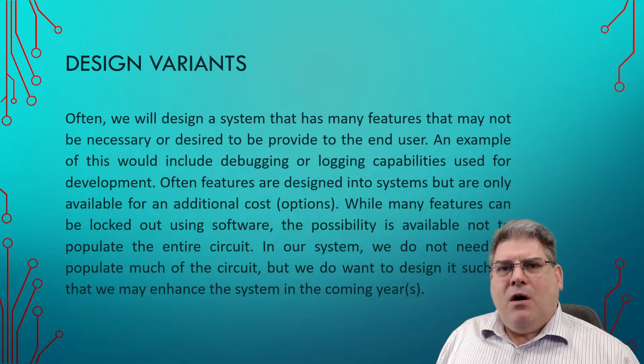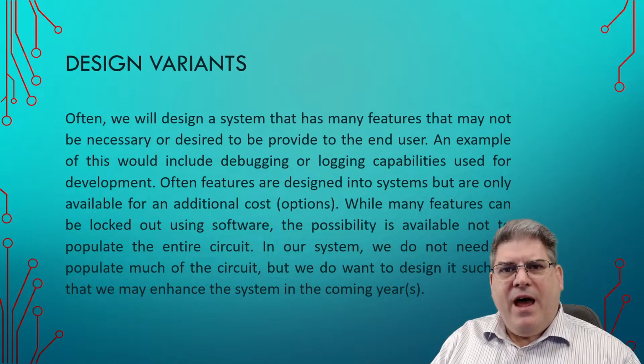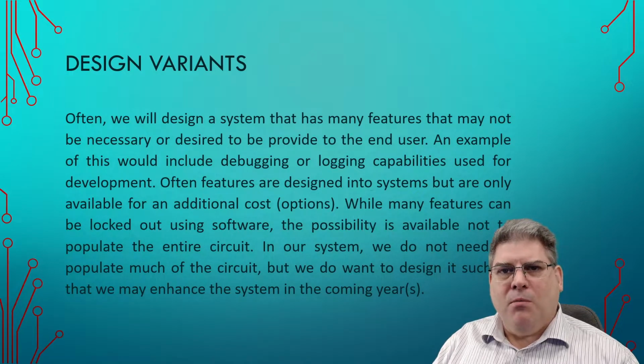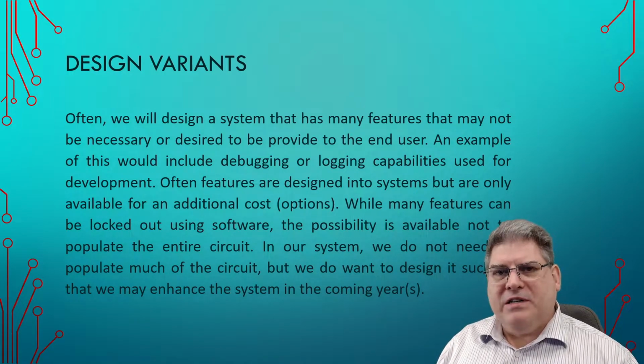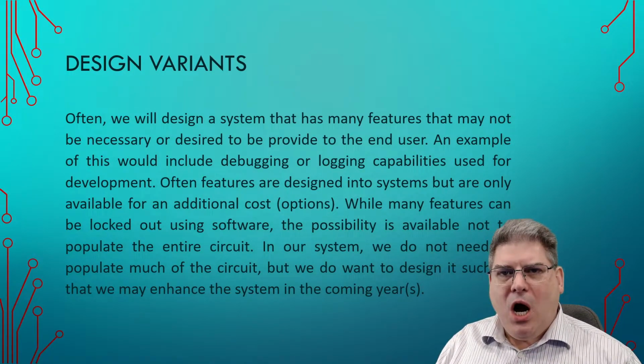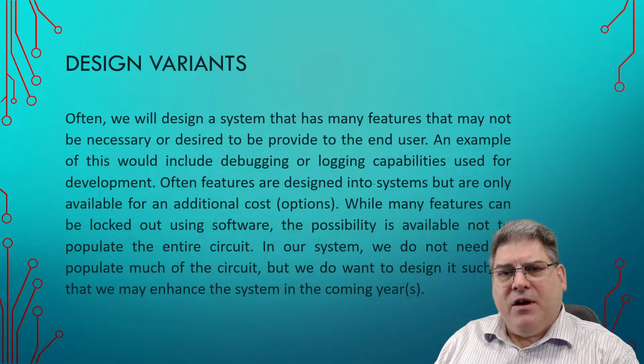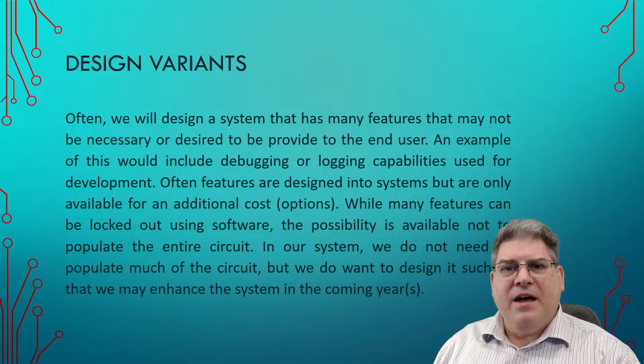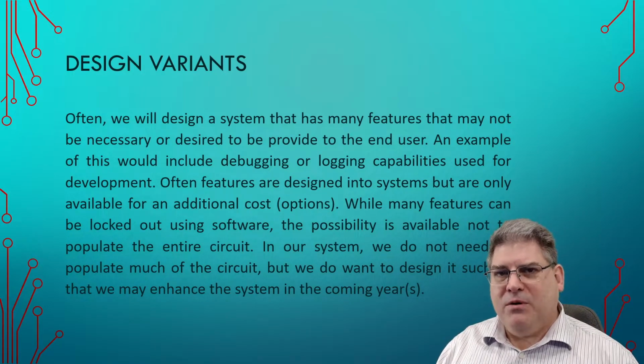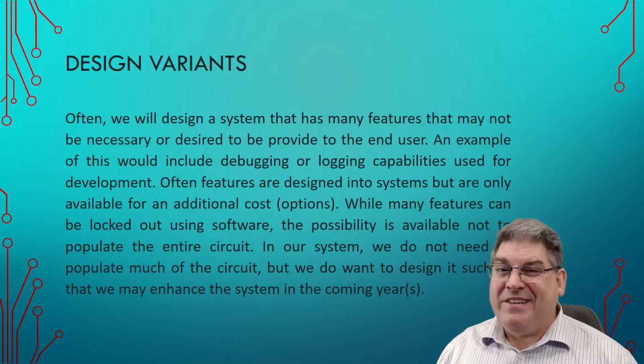Design variants are a way for us to create one design that has multiple uses or multiple cases. So for example, when you buy a car, it may come with intermittent wipers or it may not. That doesn't mean that the car manufacturer has created two full cars, that one has intermittent wipers and one doesn't.